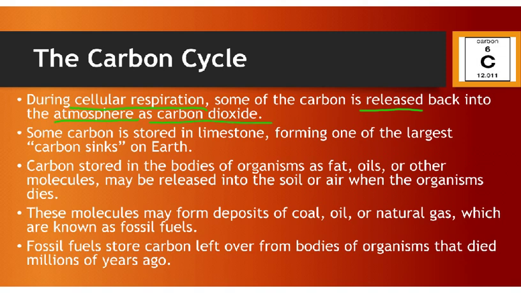Some animals take the carbon and make hard shells out of some of the carbon compounds in a mineral called calcite, which is the main component of limestone. And limestone itself, the sedimentary rock limestone, is considered a carbon sink, or a place of carbon storage.